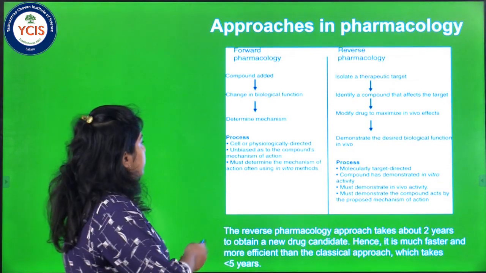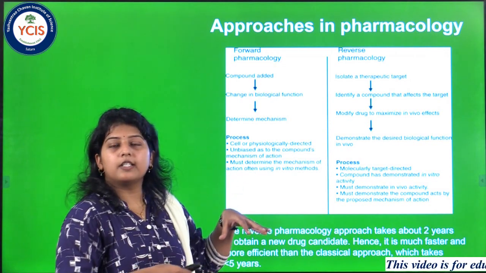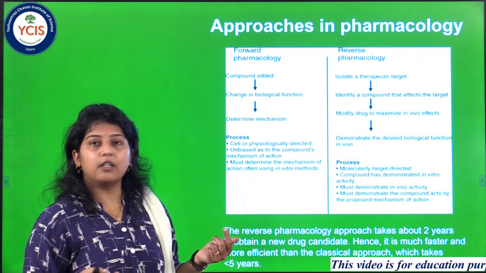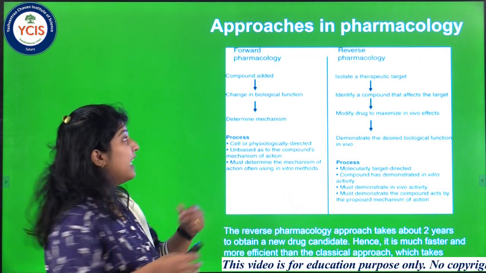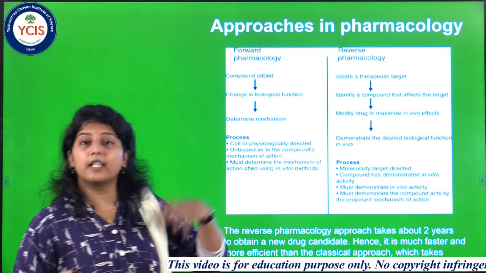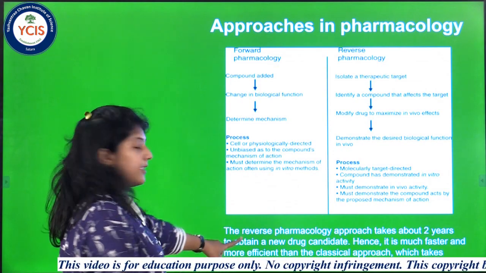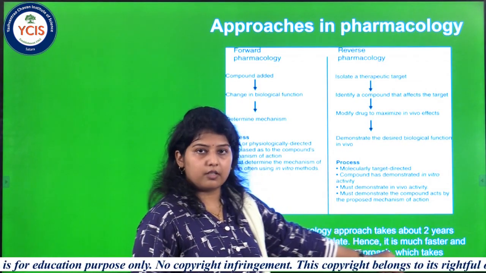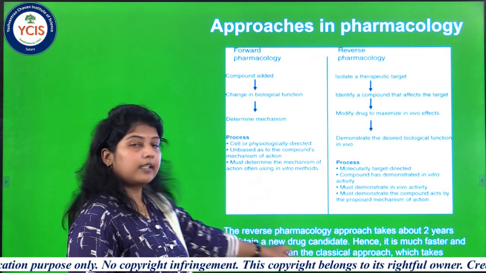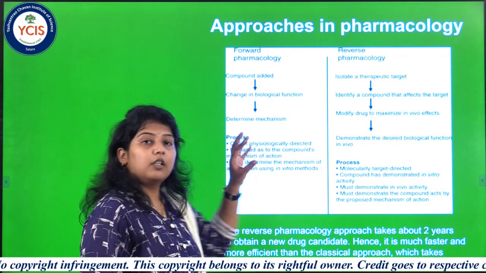They are exactly opposite of each other. In forward pharmacology, you discover the drug first, and in reverse pharmacology, you find the receptor that is involved first. So this is the important part. The reverse pharmacology approach takes about 2 years to obtain a new drug candidate, while in forward pharmacology you need to find the drug first, then find the receptors or the disease it can act on.